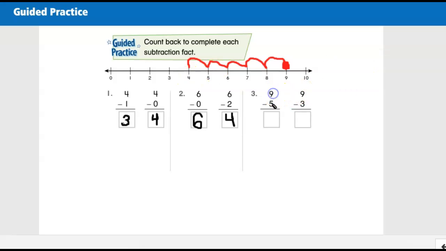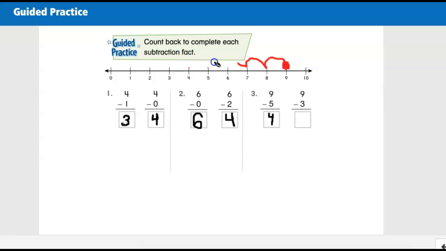So 9 minus 5 gives me 4. Do you see how on our number line we start with our number, and then the number we are subtracting it by is how many spaces on the number line we jump back by?